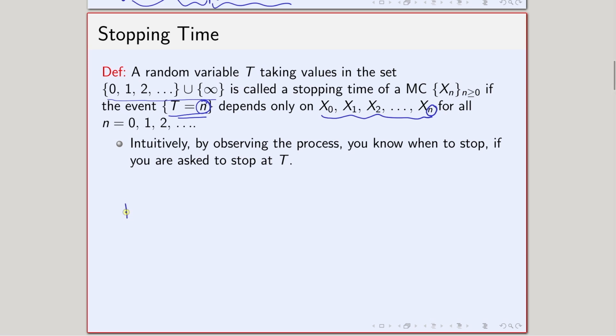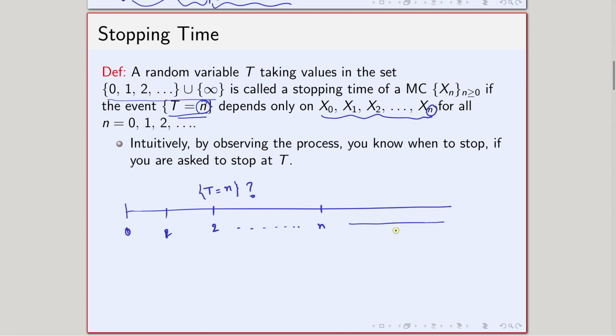If I know the values at time point 0, 1, 2, and so on up to time point n, I can tell whether T equals n has occurred or not. I do not need any information of the future.